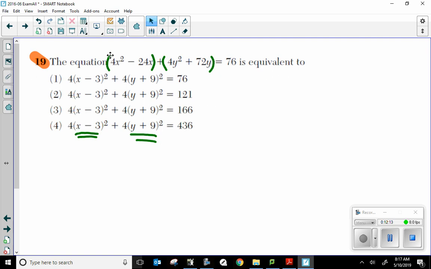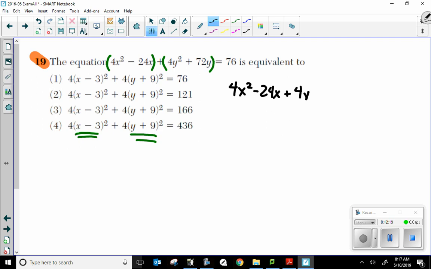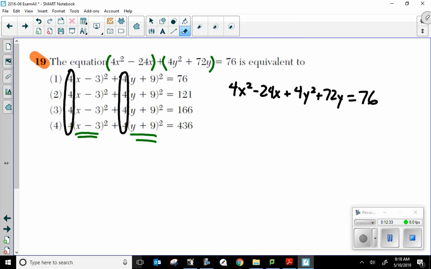So let me rewrite this and we'll start moving. 4x squared minus 24x plus 4y squared plus 72y equals 76. Now, one thing I notice in all my answers, they factored out a 4. So I'm going to do that to both my x's and my y's.